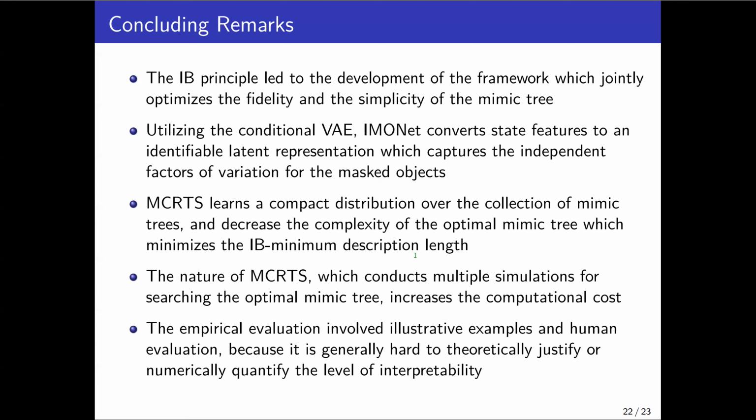Moreover, the Monte Carlo regression tree search learns a compact distribution over the collection of the mimic trees and decreases the complexity of the optimal tree, which minimizes the minimum description length.